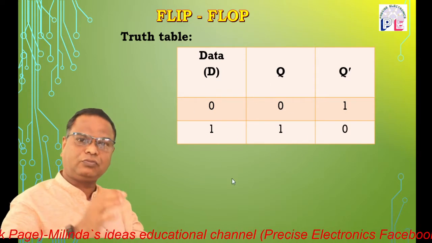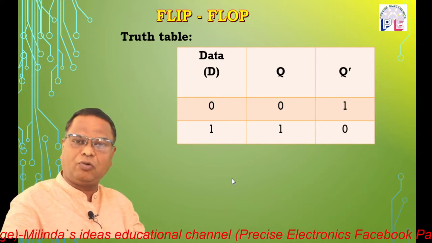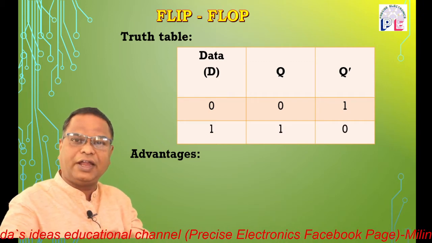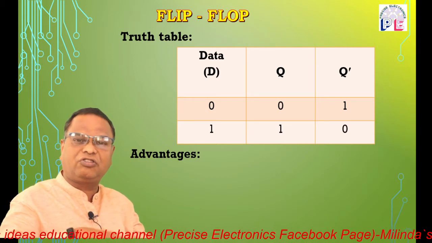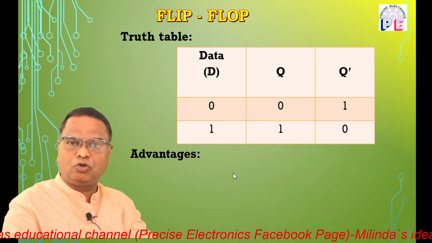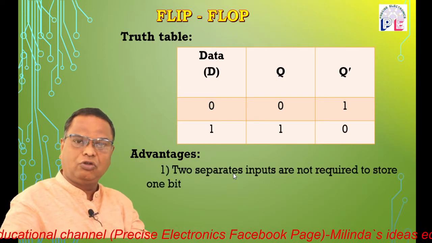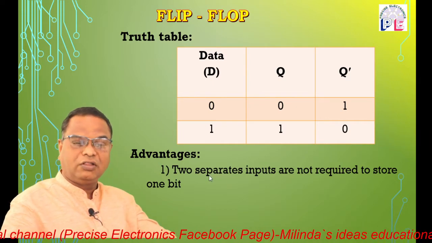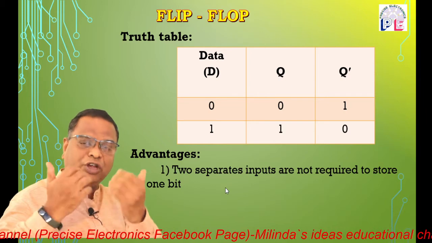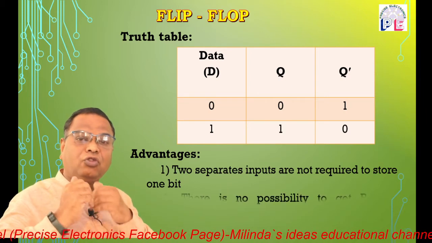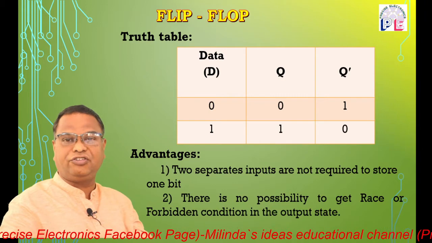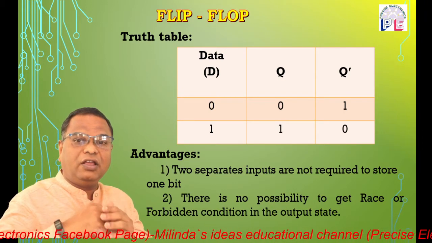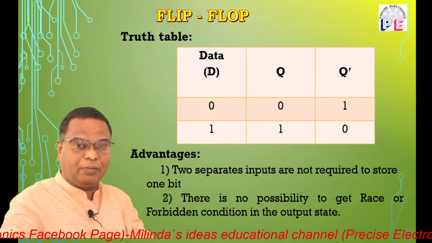Now the advantages of the D flip-flop. The drawbacks of RS flip-flops are removed by using D flip-flops, and that is the advantage of D flip-flops. Now what are the advantages? There is only one input to store the one bit, that is the data input. So one input is used to store one bit, that is the first advantage. The second advantage: as there is only one input, there is no race or forbidden condition. That means an unpredictable output mode is not available.